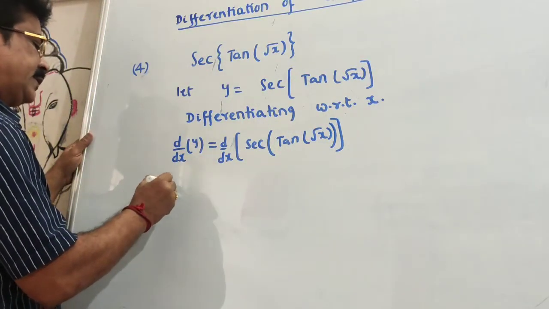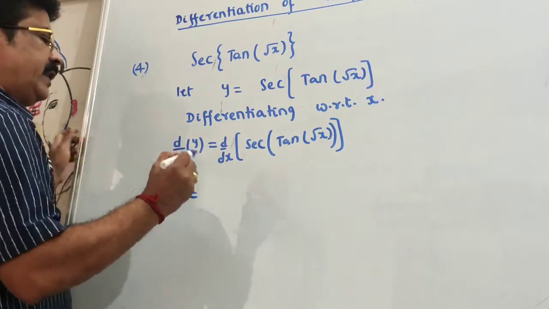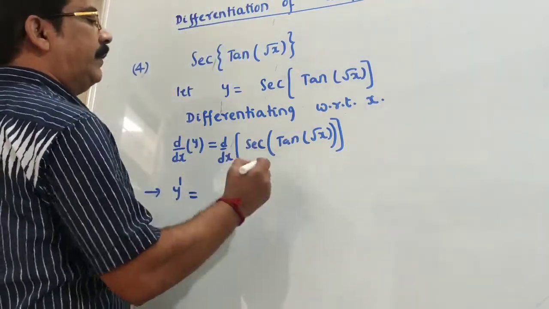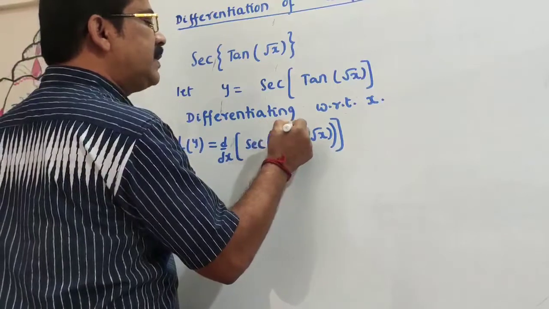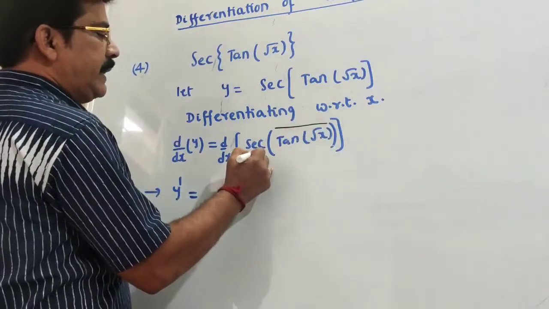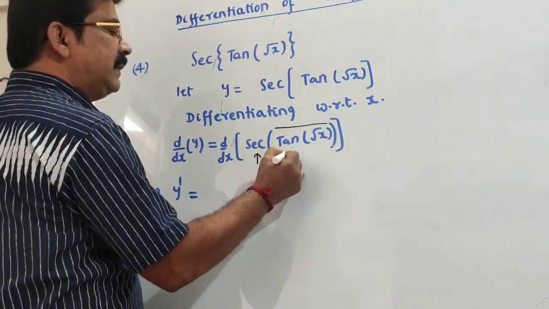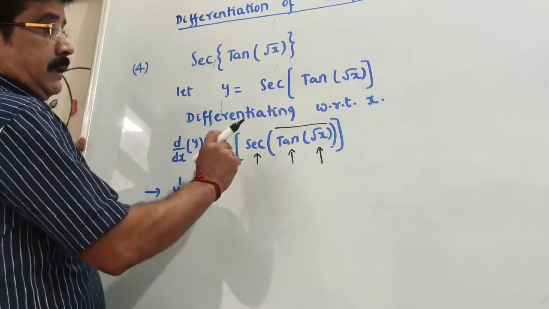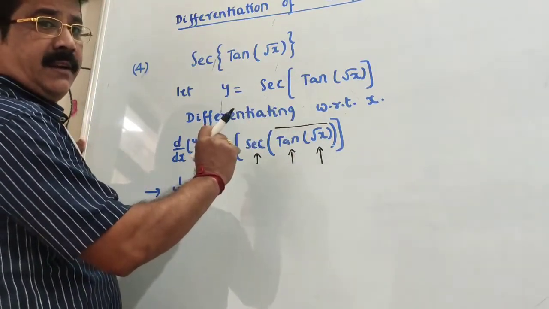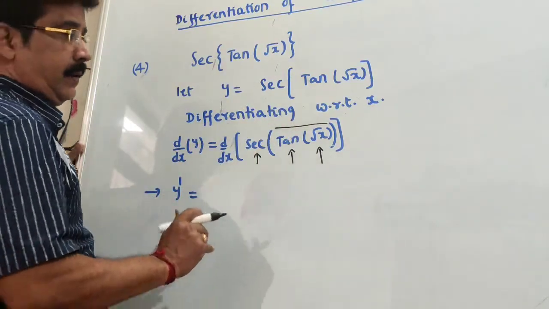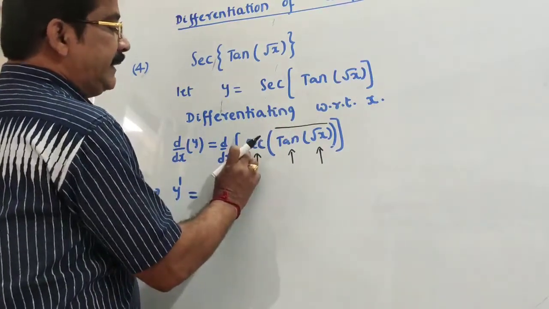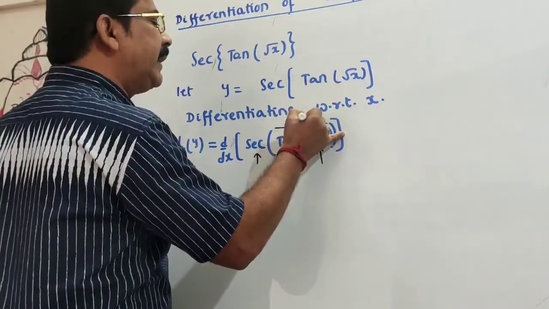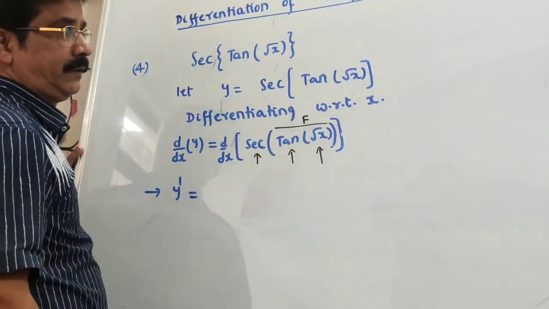So that implies y dash equals, here secant, tan and root, three different kinds of functions are there. That's why secant of the total tan of root x, let it be capital F of x.